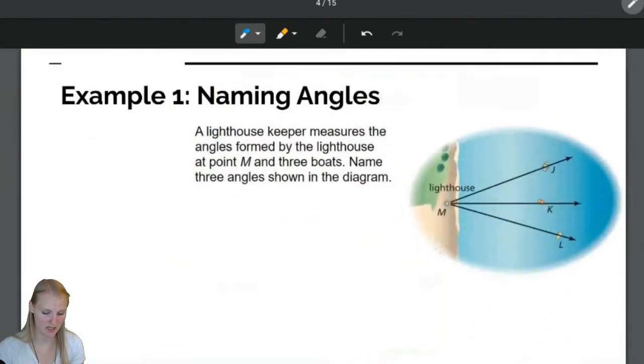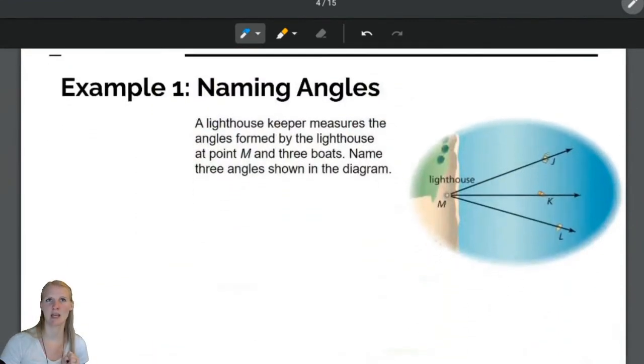Now, we're going to jump right into example 1, naming angles. A lighthouse keeper measures the angles formed by the lighthouse and 3 boats. Name 3 angles shown in the diagram. So, we want 3 different angles.